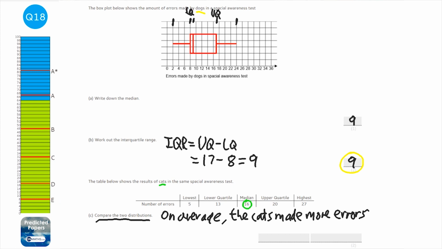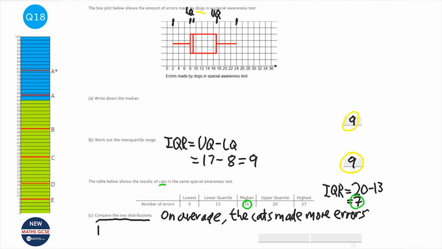Okay, the second one is comparing the interquartile ranges. So I'm just going to show the examiner that I'm doing the interquartile range of the cats. So it's going to be 20 take away 13, which is 7. So let's compare them. The cats had 7 and the dogs had 9.